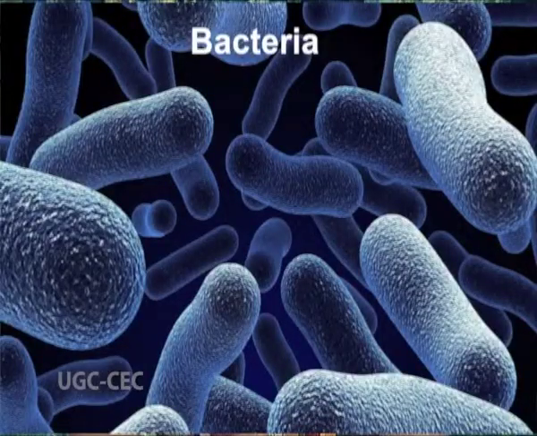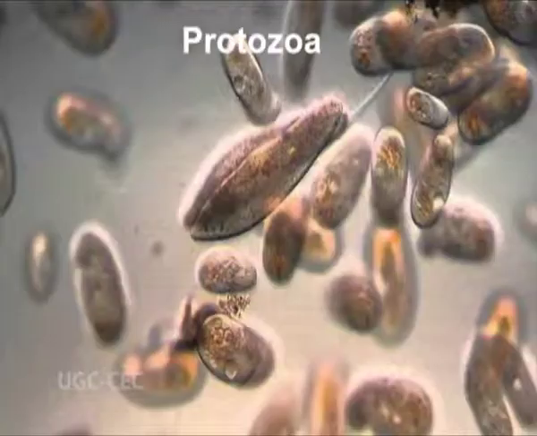The detritus eating animals, for example, bacteria, fungi, protozoa, etc., act upon the dead organic matter of the dead leaves and convert them into simple inorganic substances.